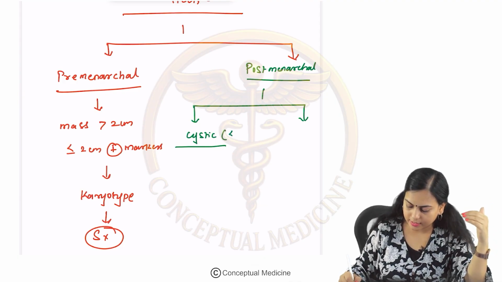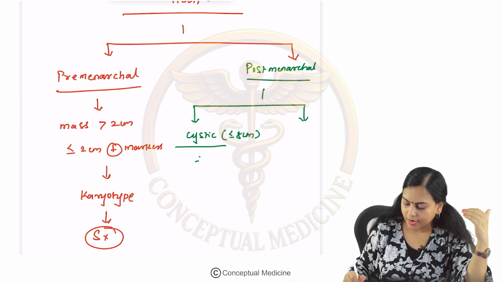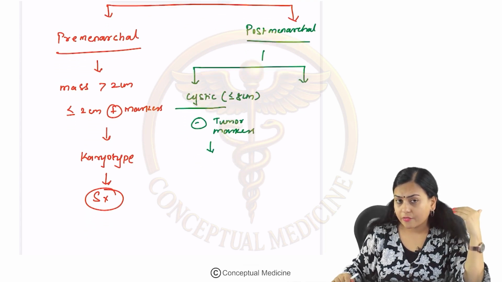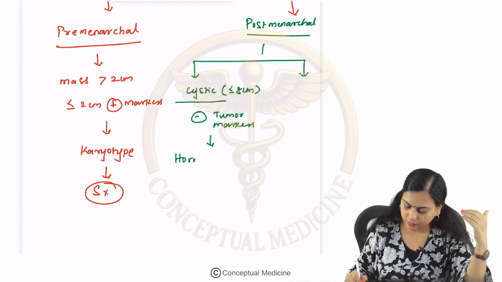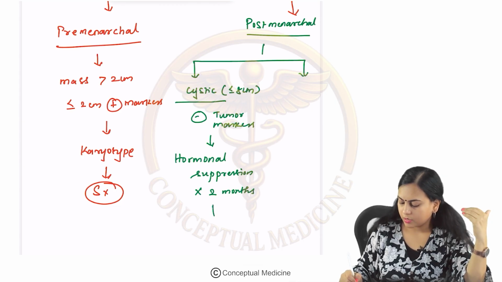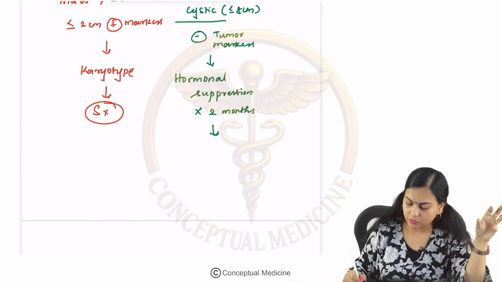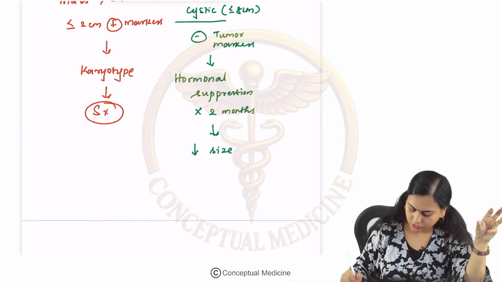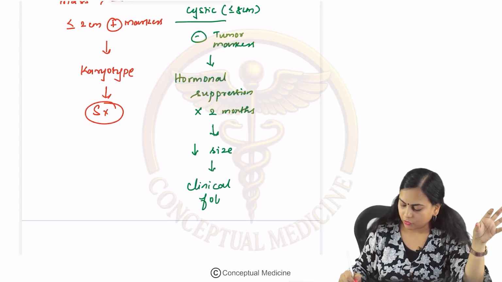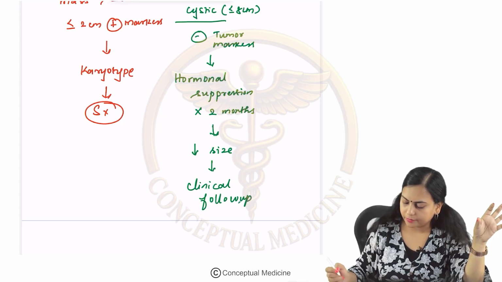If the size is less than or equal to 8 cm and you have negative tumor markers, then you can advise them hormonal suppression for 2 months. This can reduce the size of the tumor and clinical follow-up can be done.